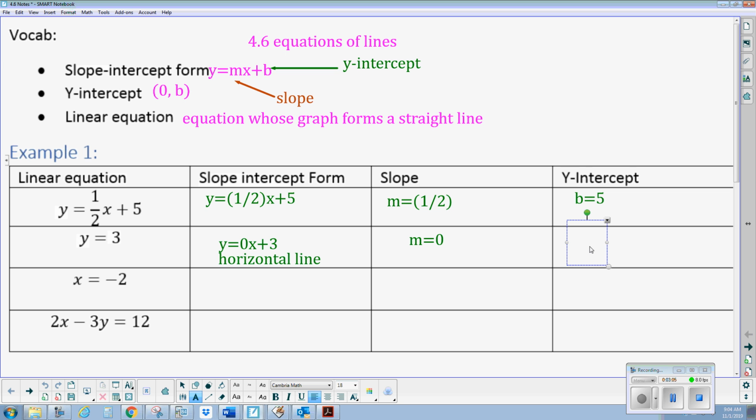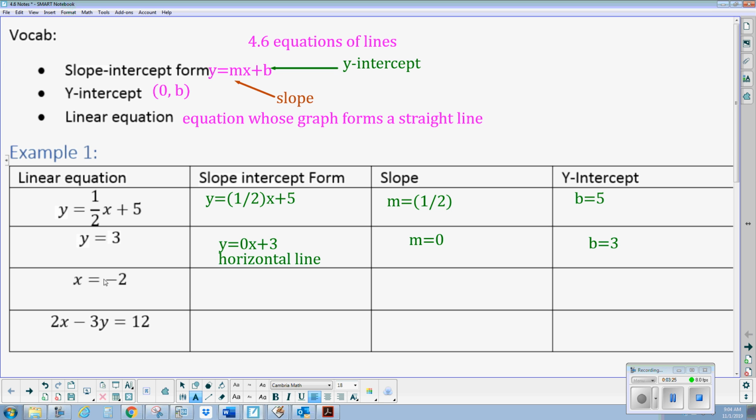When x is 0, that's our y-intercept, whatever our y value is when x is 0. And here, when x is 0, our y is 3. When x is anything, our y is 3, and that's why it's a horizontal line.